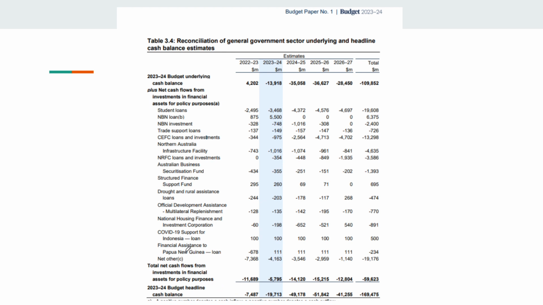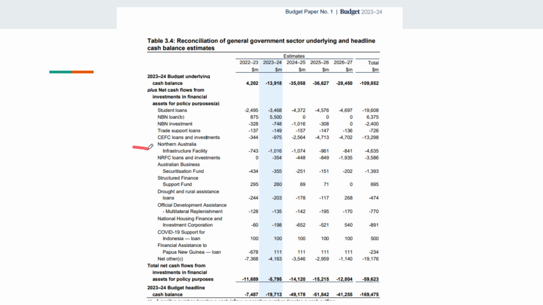But what we have to do is remove from this headline deficit the net cash flows from investment in financial assets, which are all these things here. Remember I said it's receipts and payments. So we might have made a payment for student loans for some HECS. We received a loan repayment from the government, from NBN.